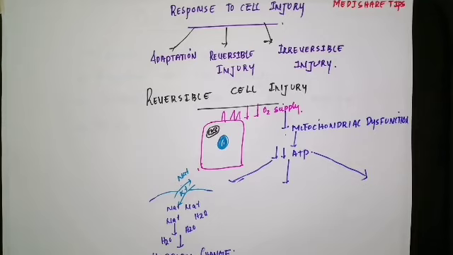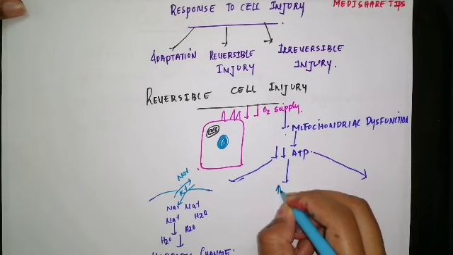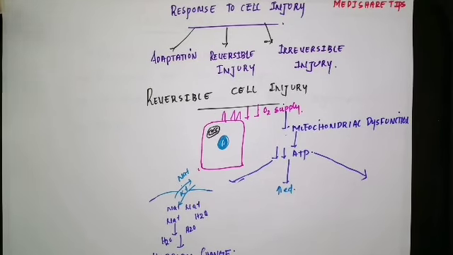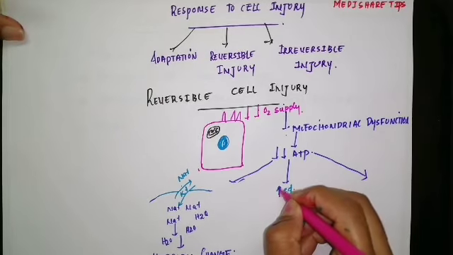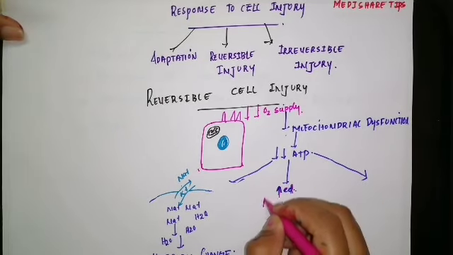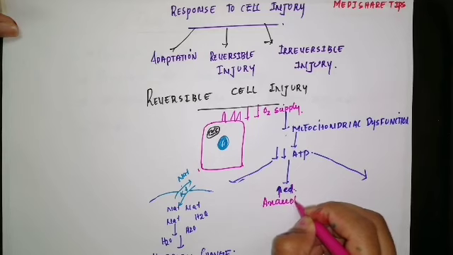And other changes are because of the decreased ATP and decreased blood supply, there will be increased anaerobic glycolysis.